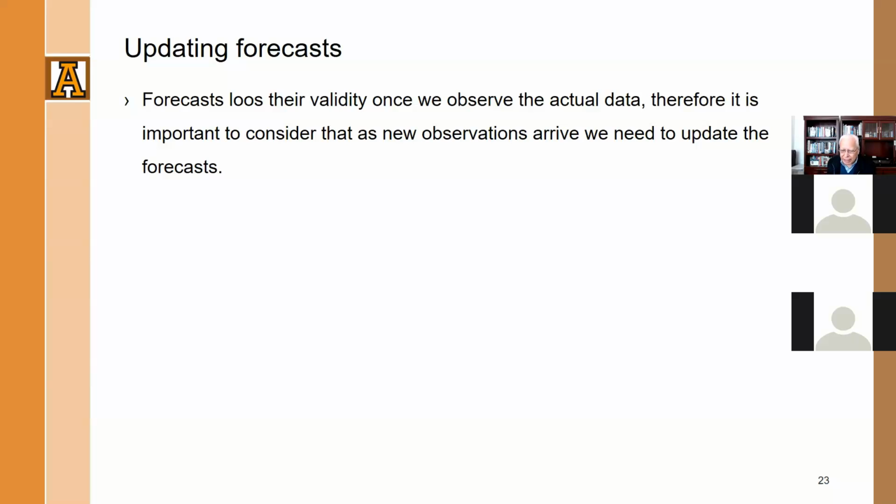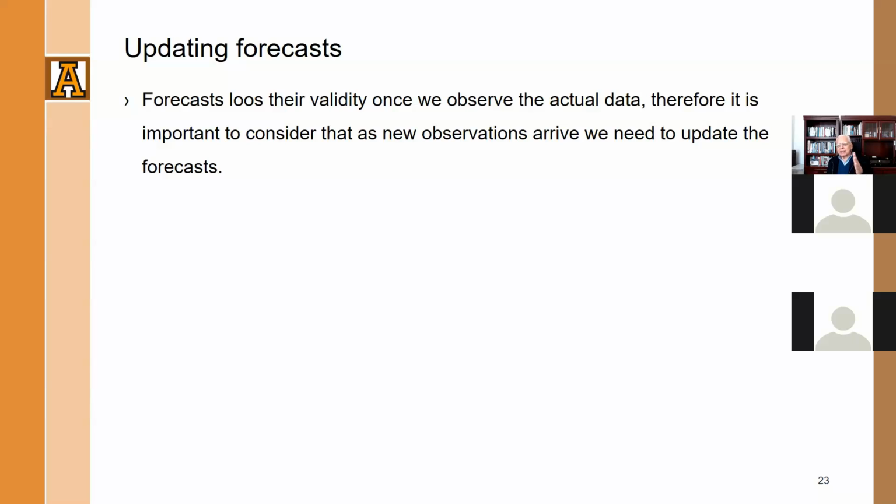Now, the other thing that we should consider, and that's important, is that let's suppose we are today and we are forecasting tomorrow. Now let's move to tomorrow's day. Tomorrow I already know the information, so the forecast that I made for tomorrow is meaningless now because I have the actual data.